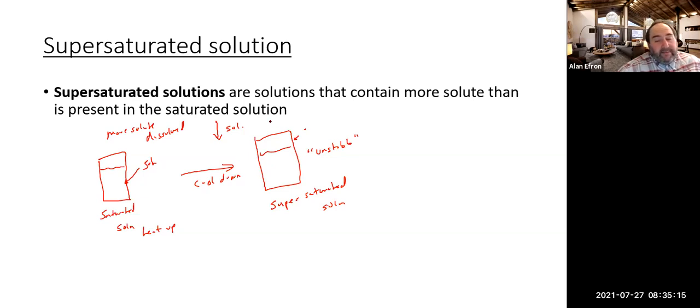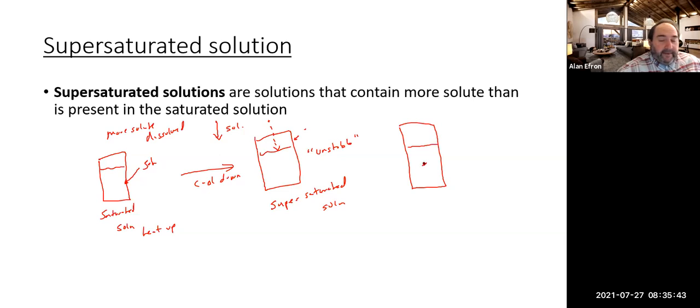But usually in an experiment like this, what they'll do is take one small little crystal of whatever was dissolved in the solution. And at this point, it's still a solution. They basically will just drop that in. And as soon as that one small, barely visible crystal hits the solution, it realizes, whoa, I've got way too much solid in here.